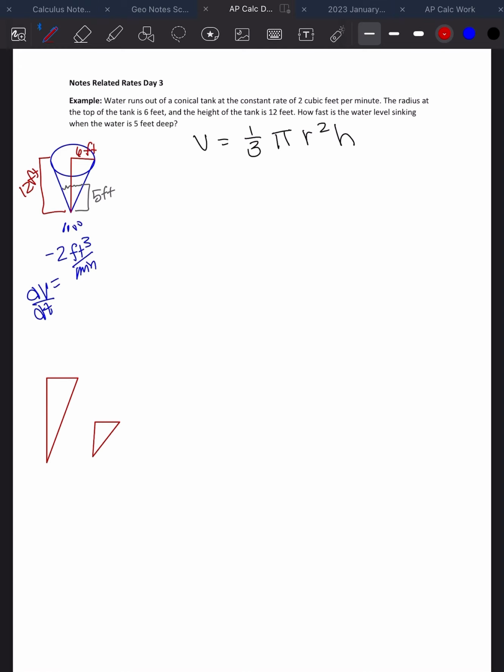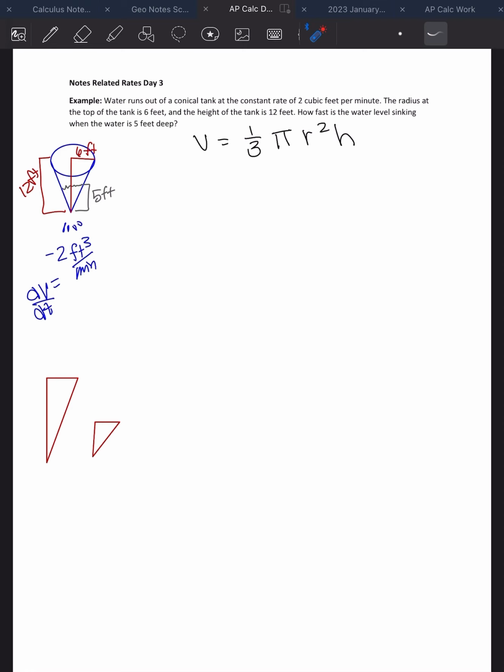More specifically, these right triangles will have the same base angle down here. So if this angle is the same every time, and this angle is the same every time, then this angle has to be the same every time, which means these two triangles are similar. So we can set up a proportion where they are equal to each other.